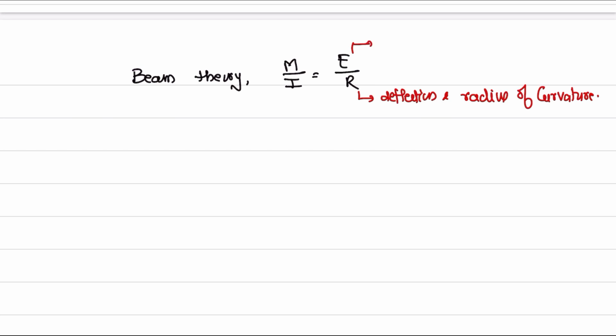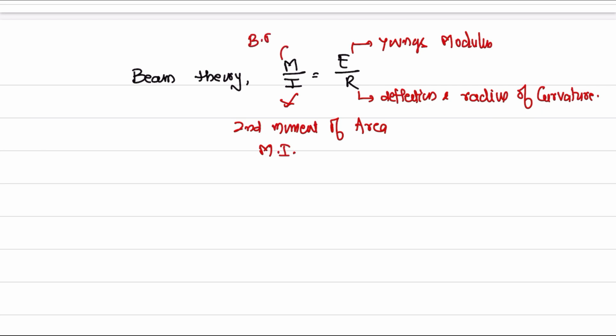E is Young's modulus, I is second moment of area or moment of inertia, and M is bending moment. Now bending moment is known to us.